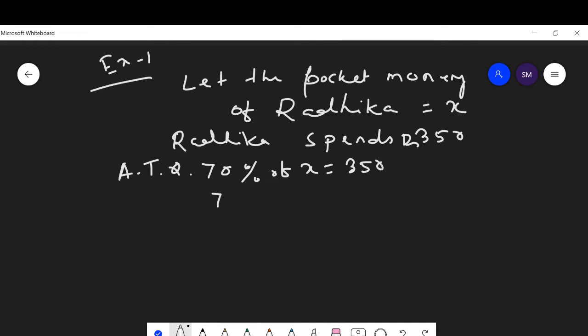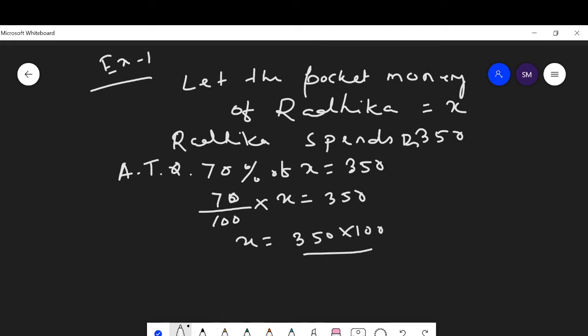By solving this linear equation, you can find the value of X, means how much amount Radhika is provided by her parents as pocket money. Just recall how you can solve linear equations. Then we get the value of X is 500. Then we conclude that Radhika is provided rupees 500 as her pocket money.